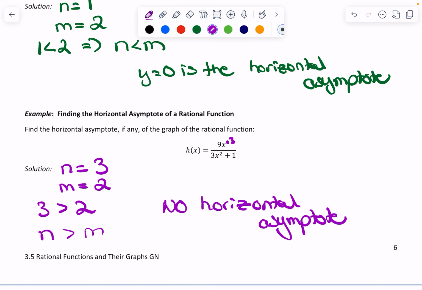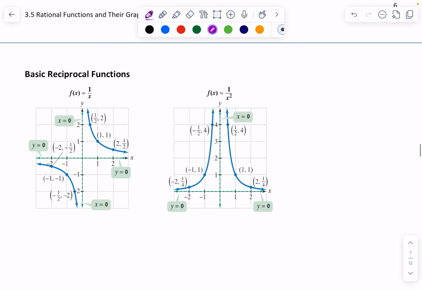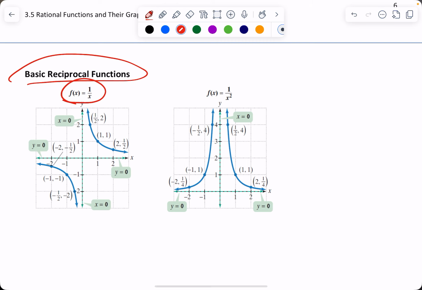Okay, next we're first going to look at some basic reciprocal functions. So f of x is 1 over x. Now, we know that we cannot divide by 0 here. So x cannot equal 0. So that has to be the vertical asymptote, which it is right here.